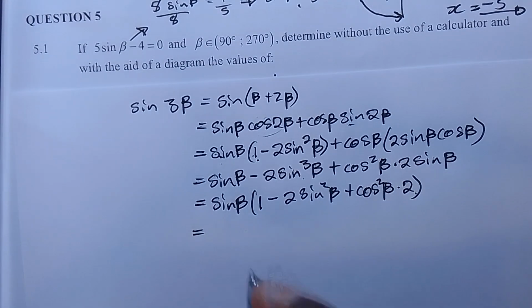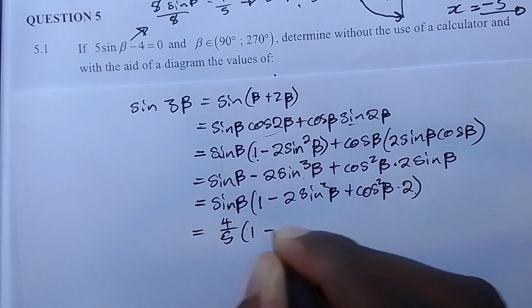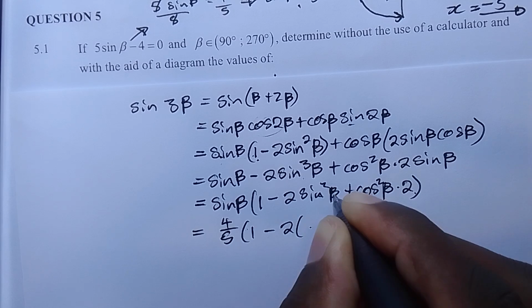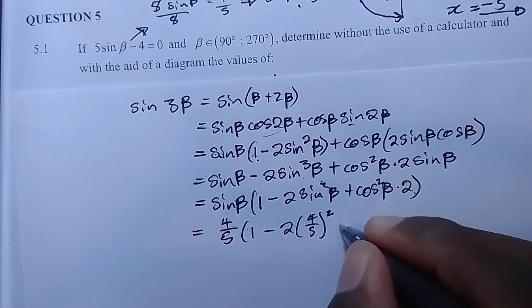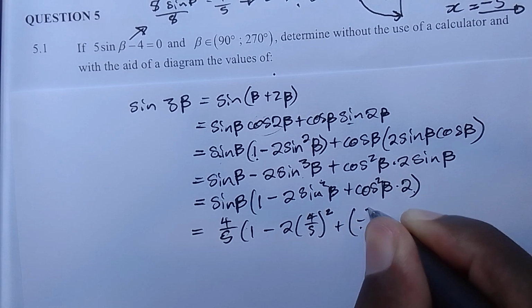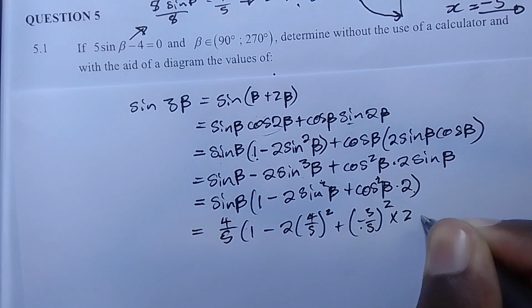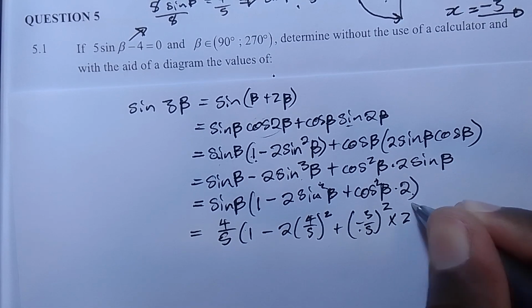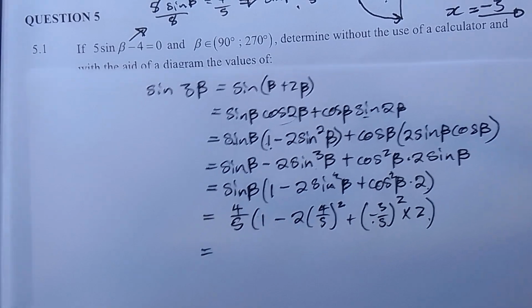Now let's substitute. Sine beta is 4 divided by 5. 1 minus 2 sine beta is 4 divided by 5, squared, plus cos beta. Cos beta is minus 3 divided by 5, but it's squared and it's multiplied by 2. Let me get out my calculator for that, to try and avoid wasting time.